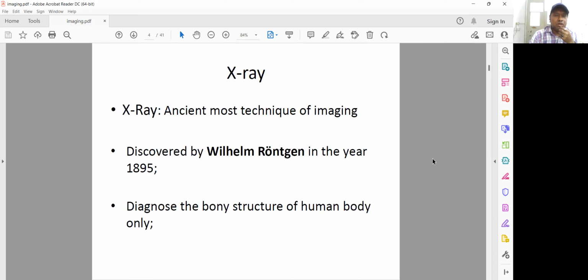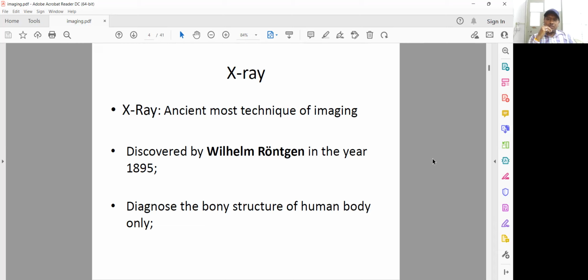Okay, so now we will discuss what X-ray is. X-ray is the oldest technique of imaging, and it was discovered by Wilhelm Röntgen in the year 1895, which was over a century ago. It was used to diagnose only the bony structure of the human body.